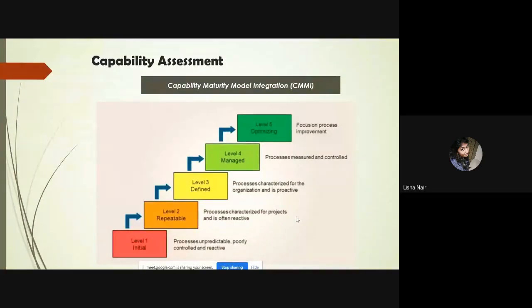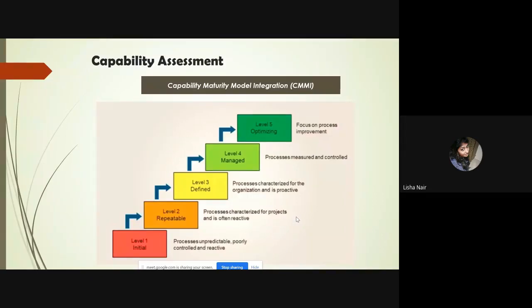So CMMI is something, when we say that we are CMMI certified, the bare minimum should be level 3, and level 5 is the most optimized. So we only talk about enhancements and improvements. Most of us in the industries that I've worked in were CMMI level 5 certified.